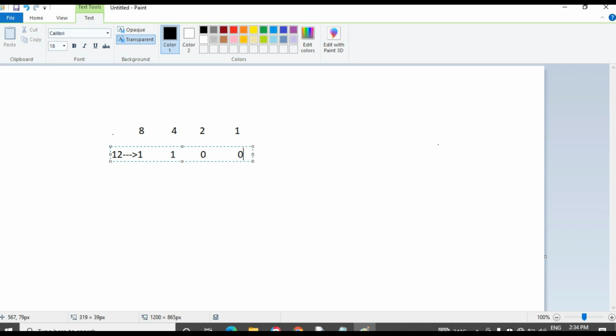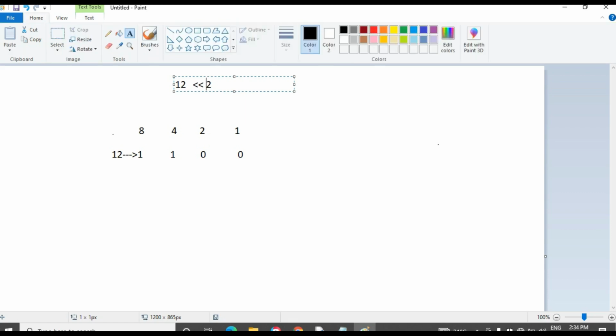This is the binary representation of the 12. Then our question is 12 left shift 2. That means we have to shift the elements to the second position to the left side. So how can we perform it?